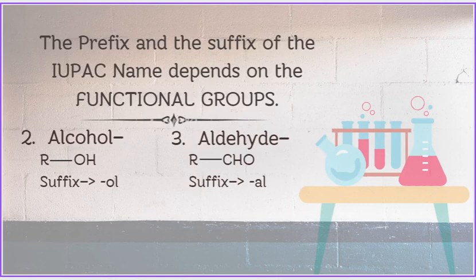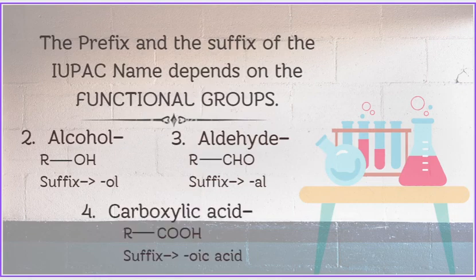The suffix for this group will be al. The next is the carboxylic acid group, RCOOH, where R is again the alkyl group and COOH is the carboxylic group. The suffix used here will be oic.